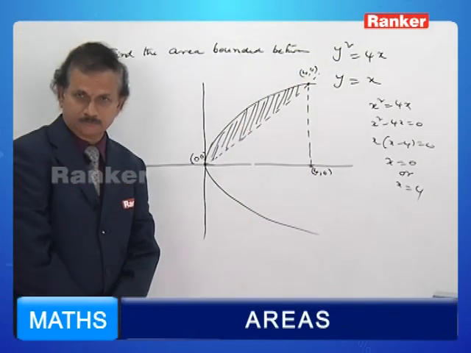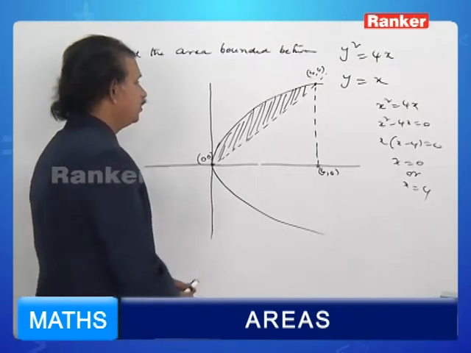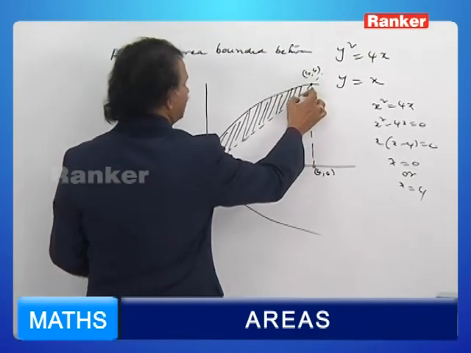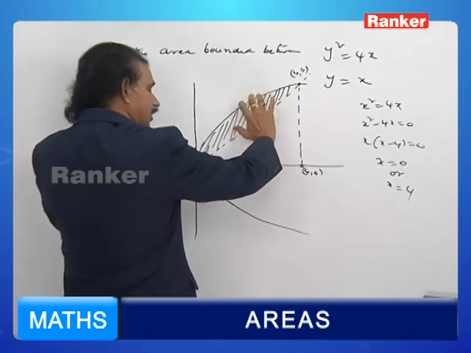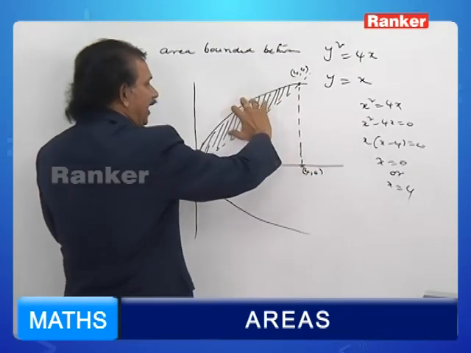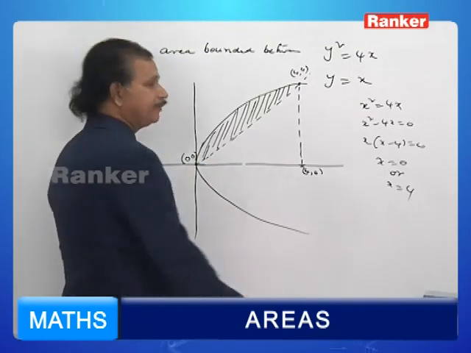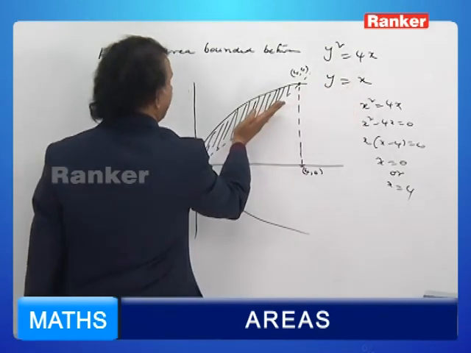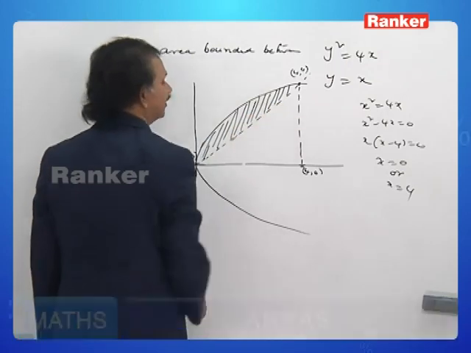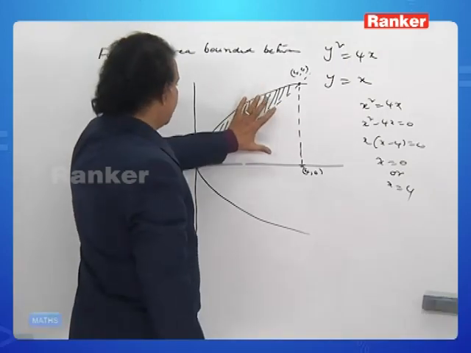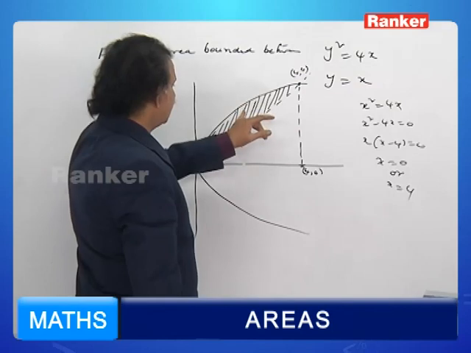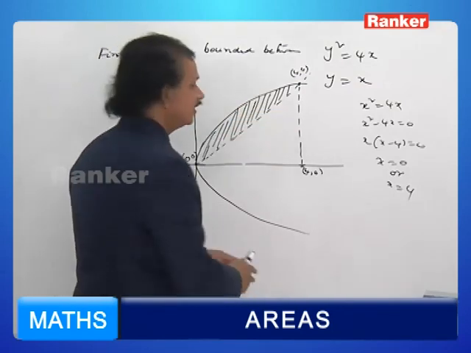Okay. Let us find the area. If you use this curve, y square is equal to 4x, with the integral concept, the entire area below that is obtained. If you take y is equal to x, the area below this is given. So, this area minus this area gives this area, isn't it?